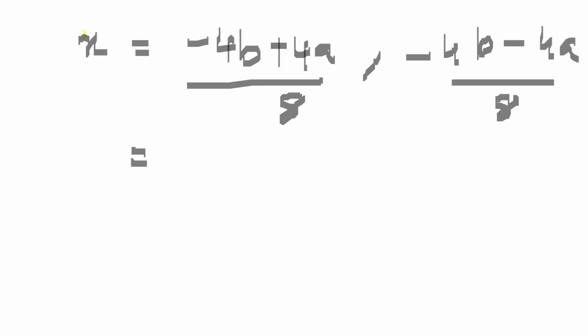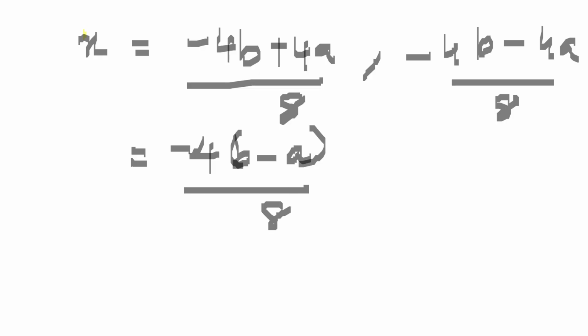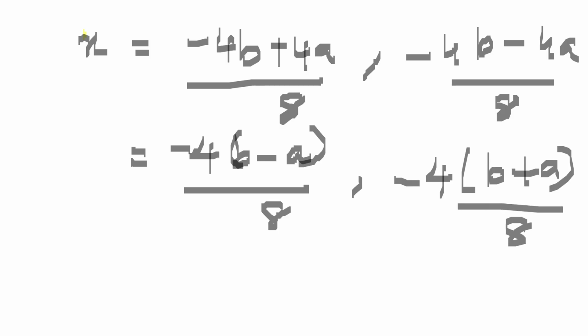So we can take common factor outside. If I take minus 4, it will be b minus a by 8, and here if I take minus 4 outside, it will be b plus a by 8. So 4 and 8 we can simplify, cancel once and 2, here 1 and 2.